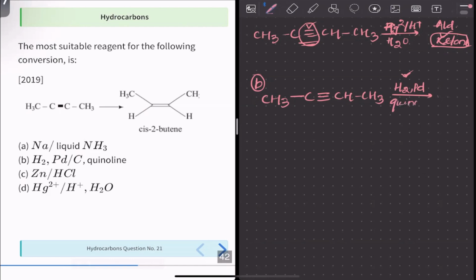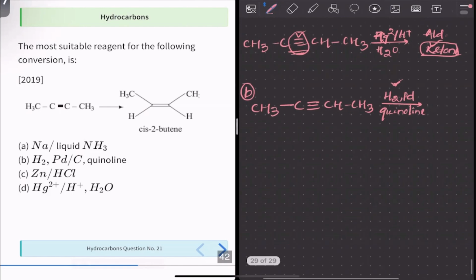That means quinoline acts as a catalytic poison, so it reduces the catalytic power of palladium. So we'll get a controlled hydrogenation process, and this hydrogenation will stop at alkene. It won't move to alkane. So the product will be an alkene.